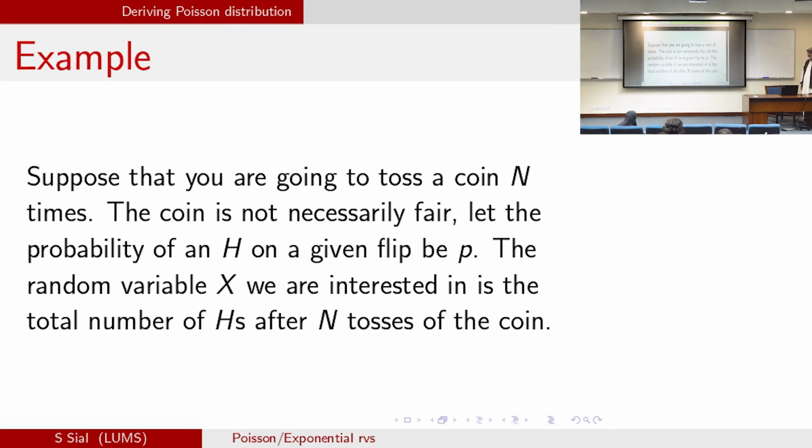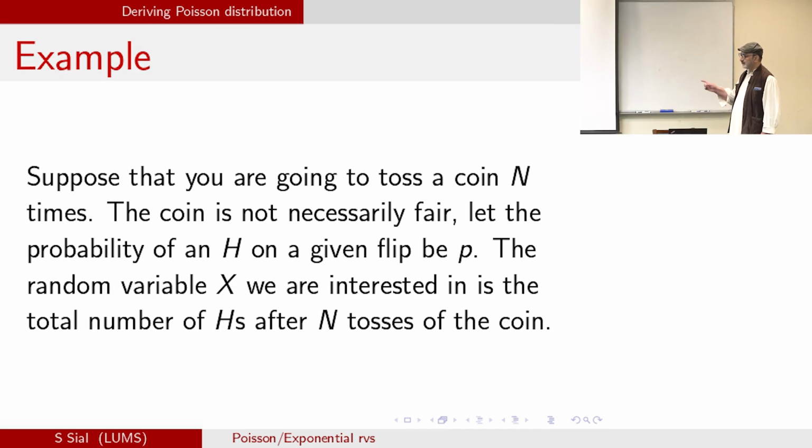Okay, we already know how to do this, right? What's the answer? Binomial, right? So the correct answer to this problem, what is X? X is the binomial random variable with parameters n and small p.